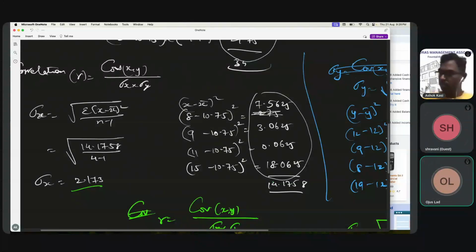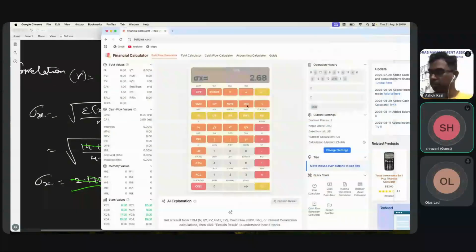It will be 28.75, which will be divided by 3. So Shravani, you are not doing this, at that time you should have also calculated, no? 3.09. So actually it was my mistake.